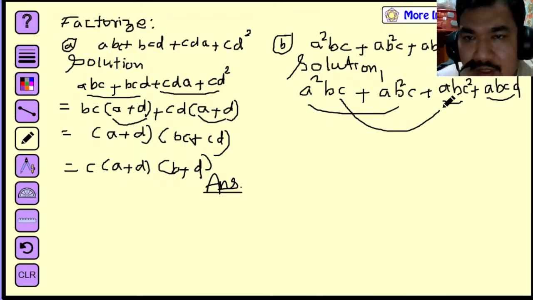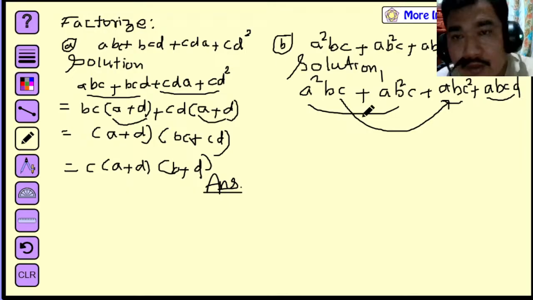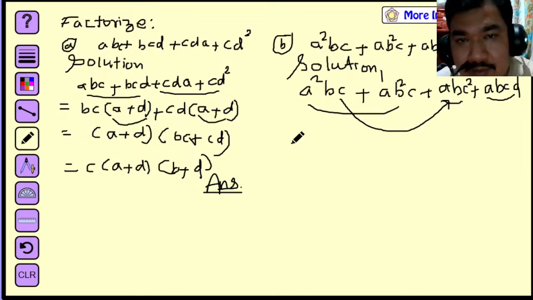Look. Now let's change the grouping to first and third. Let's put them together and see what happens. Look here. A square BC plus.